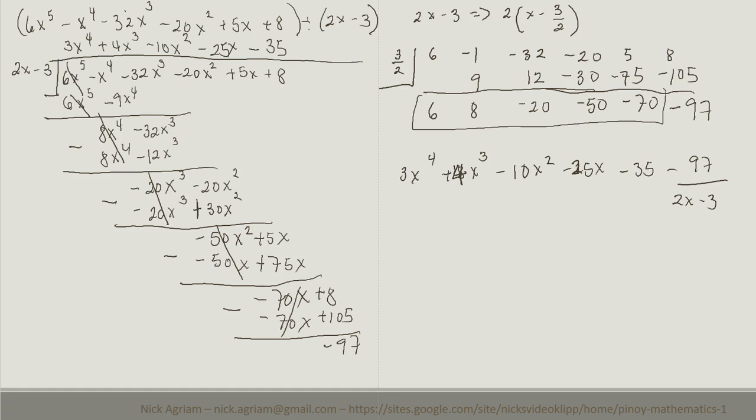How about if I will give you another, which is, we will say 3x minus 1 as a divisor. So we have 6x raised to 3 minus 5x squared plus 4x minus 1 divided by 3x minus 1.